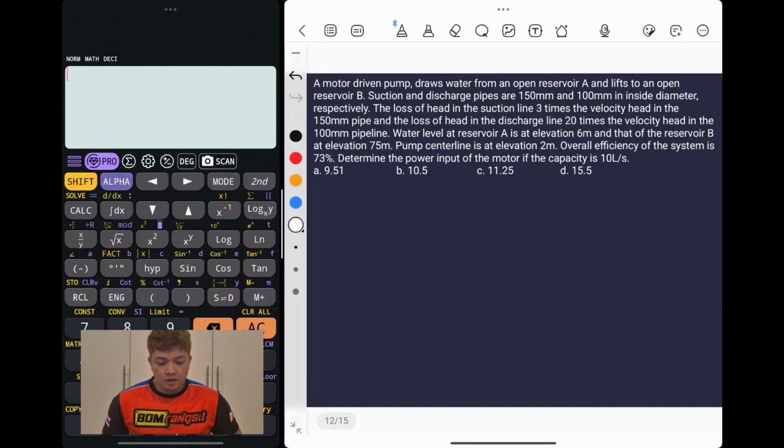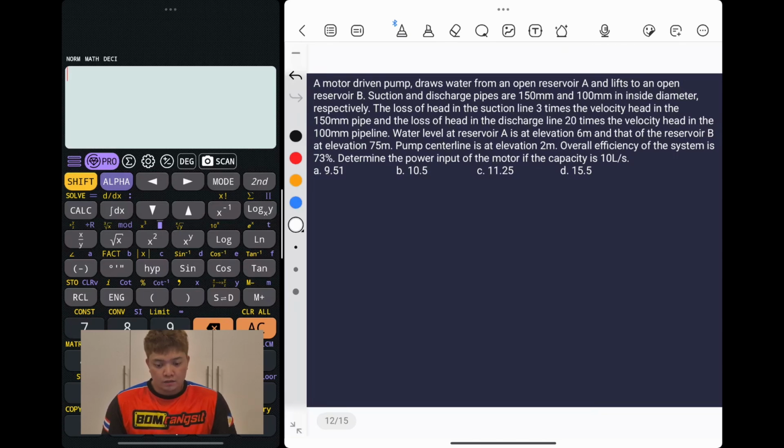Open reservoir B. Suction and discharge pipes are 150 mm and 100 mm in inside diameter, respectively. The loss of head in the suction line is 3 times the velocity head in the 150 mm pipe, and the loss of head in the discharge line is 20 times the velocity head in the 100 mm pipeline.